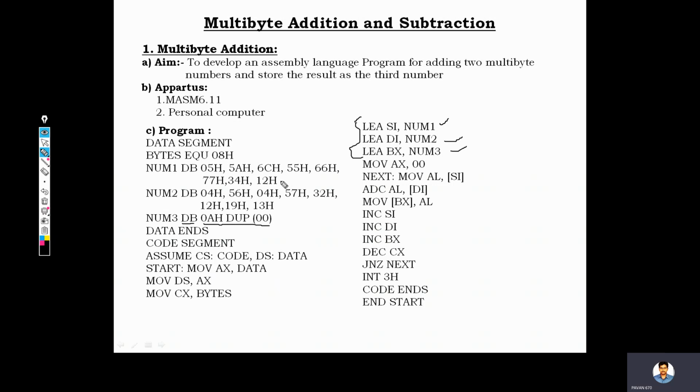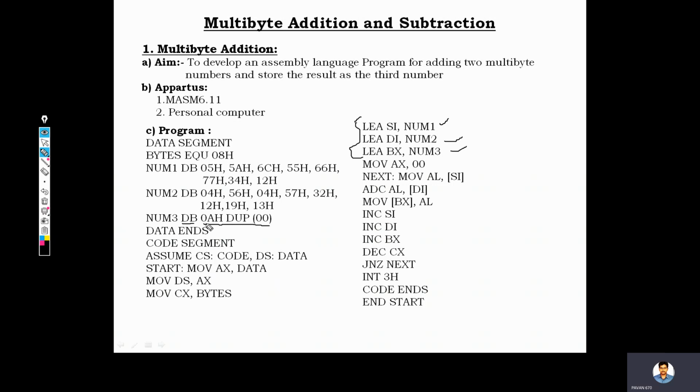But num3 is a result array. The results will be generated only after the arithmetic operations, and by then we have to show some location where the results have to be stored. For that purpose, the num3 result array is defined like this.